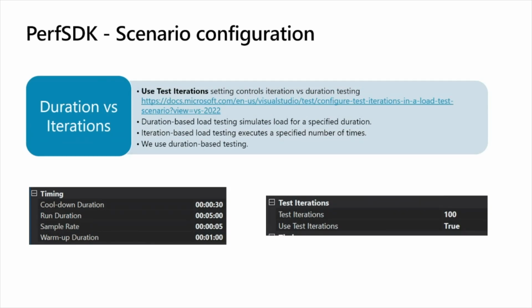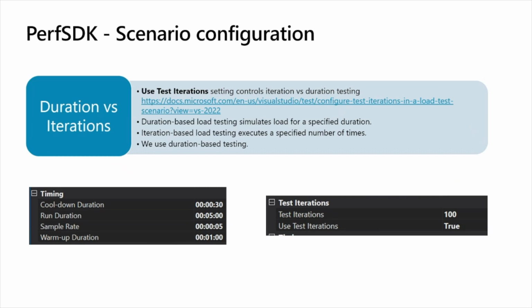As the next part, we also have the concept of duration versus iteration-based testing. By controlling the use test iteration setting in your load test run settings, you can decide whether you're going to use duration-based load testing or iteration-based load testing.